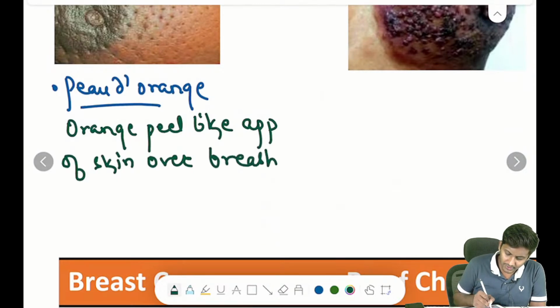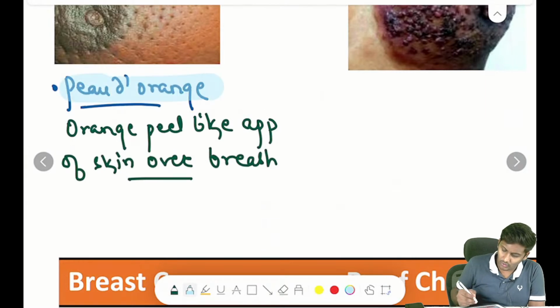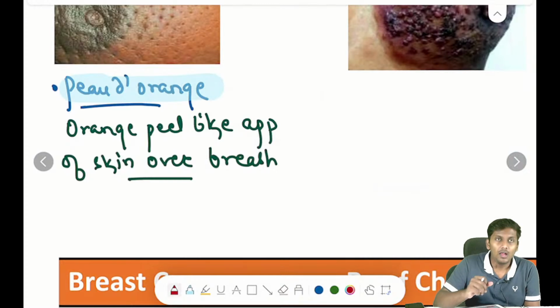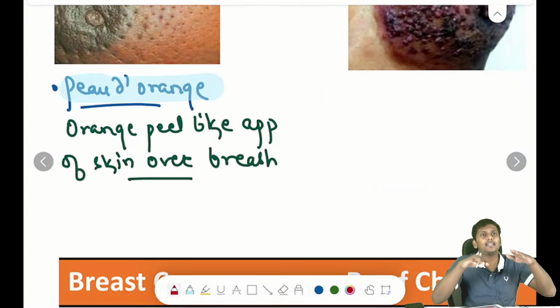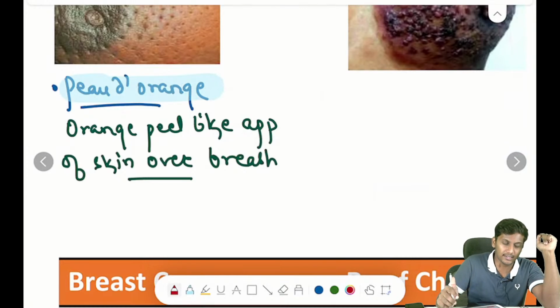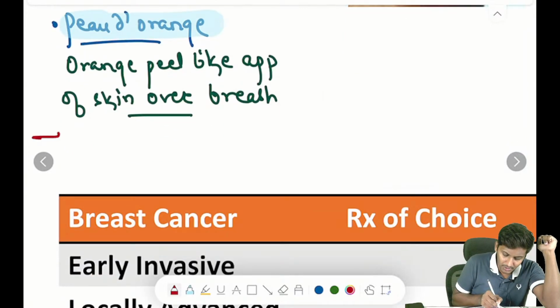What is the cause of it? This has been a very common question. Why does the patient have this peau d'orange? You have to remember, it is due to blockage of the subdermal or subcutaneous lymphatics. When the lymphatics under the skin get blocked due to the cancer, that is the reason the patient is going to have this classical peau d'orange. The cause has also been asked in our examination.